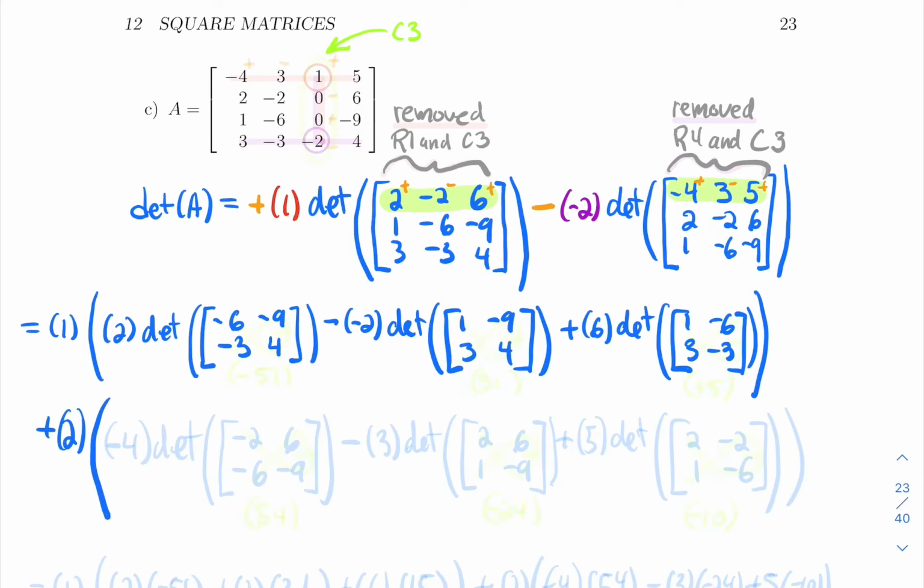So plus, the minus 1 times minus 2 is going to give me plus 2. Open a fat bracket, so I'm on the second determinant now. So yes, minus 4.